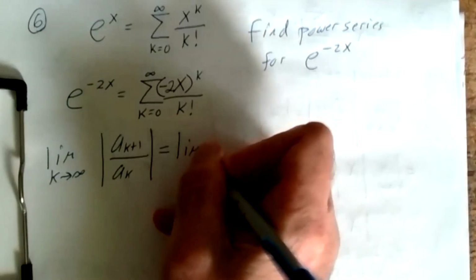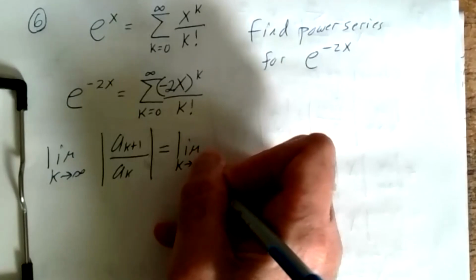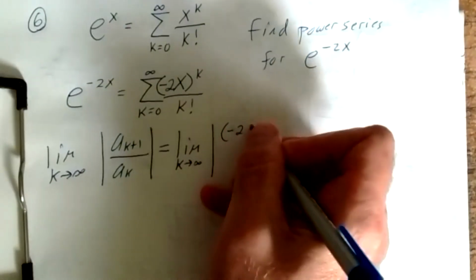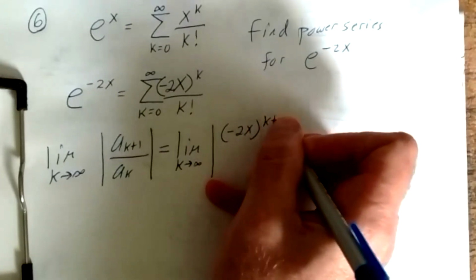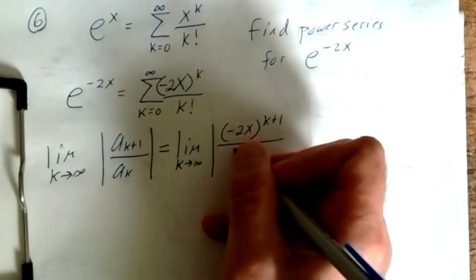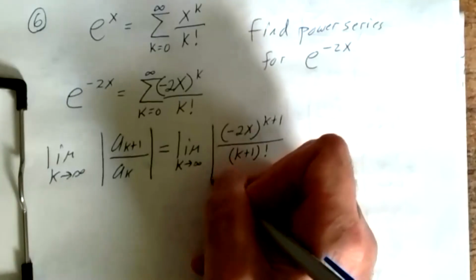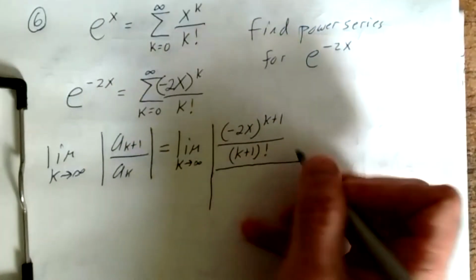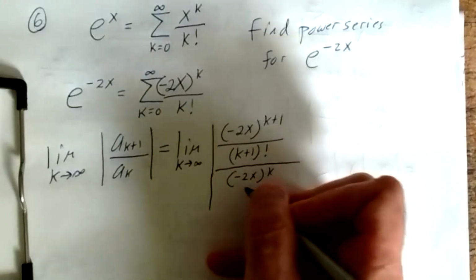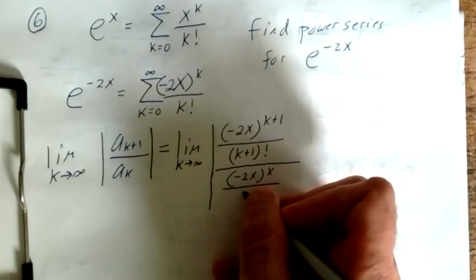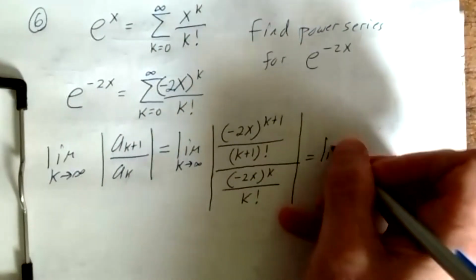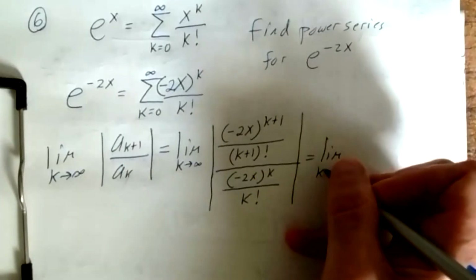The k plus 1 term is going to be negative 2x to the k plus 1 power divided by k plus 1 factorial. And this is all going to be divided by negative 2x to the k power divided by k factorial.